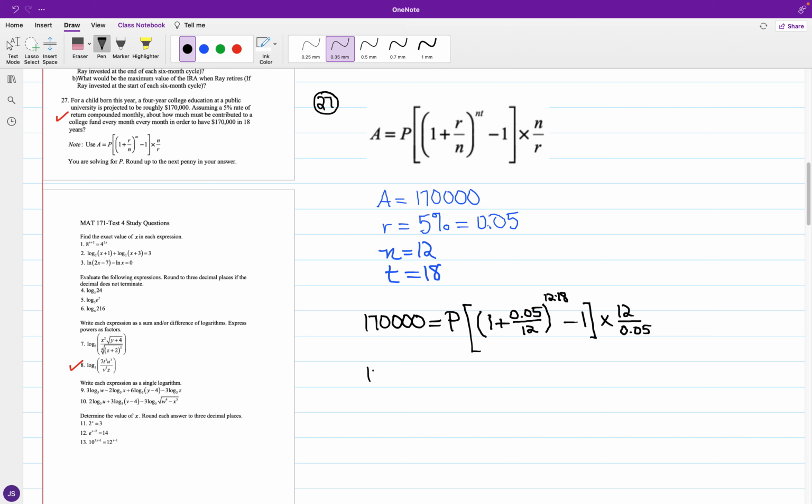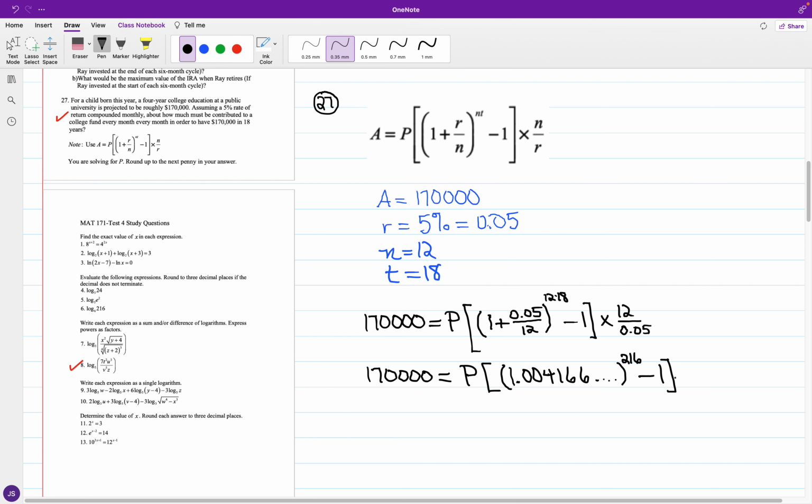After the substitution stage, we're again solving for P. For the sum within the parentheses, we have a decimal that's not going to terminate, 1.004 with sixes that repeat, to the 216th power minus 1.